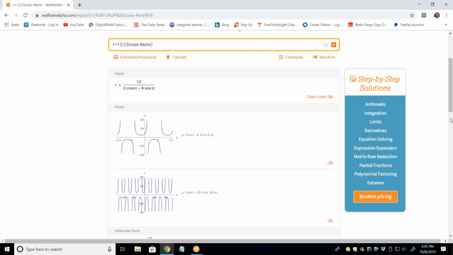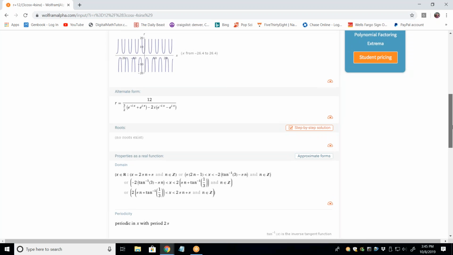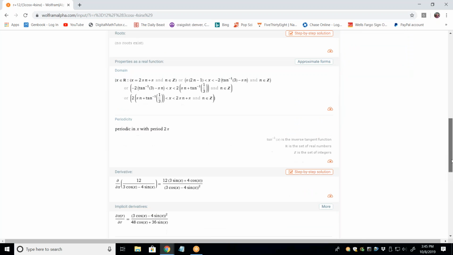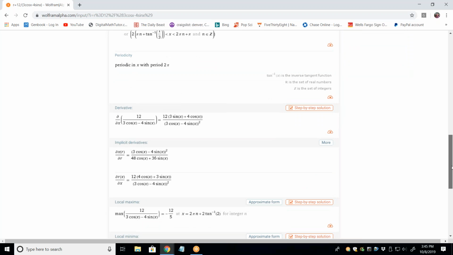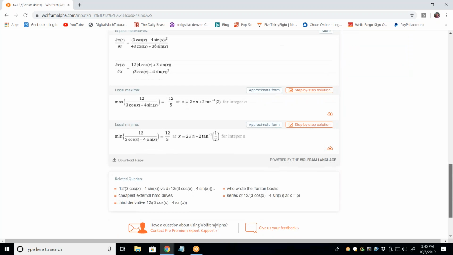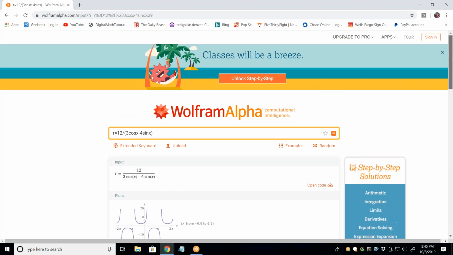I'm not sure. Hold on a second. Let me see. Oh wait, there was an extended keyboard. Okay, I think I can put in theta. Yeah, I can actually put in theta here too. Let me put in theta and see if that gives me something different.